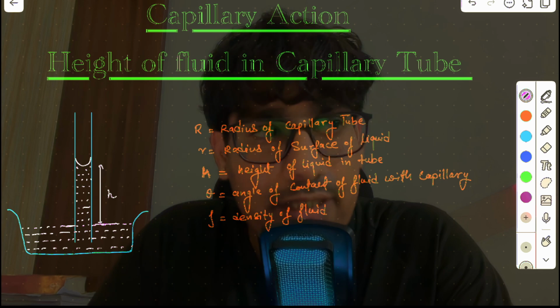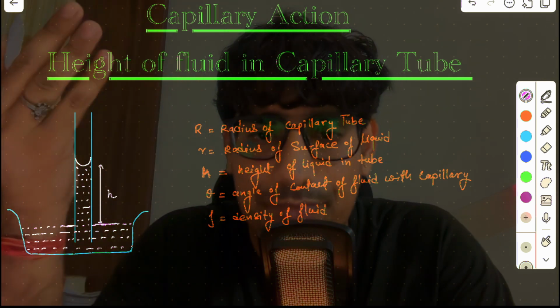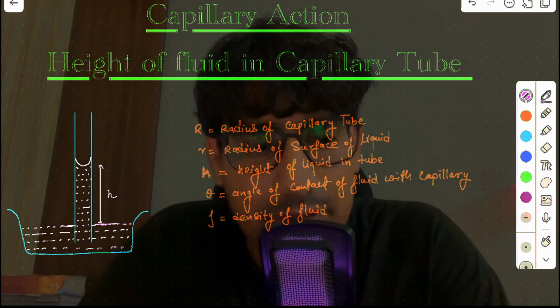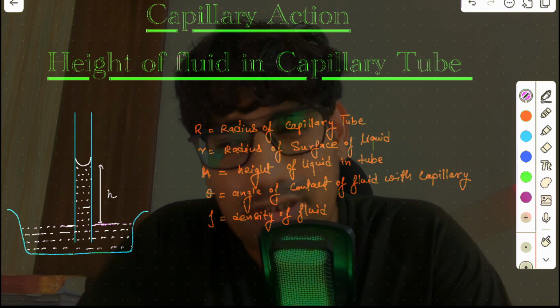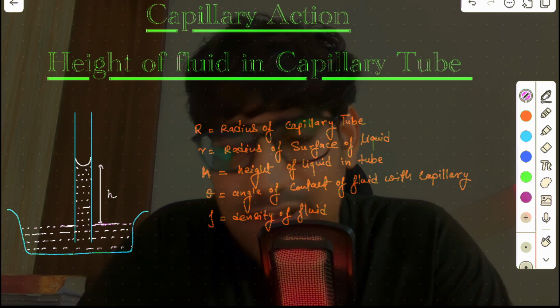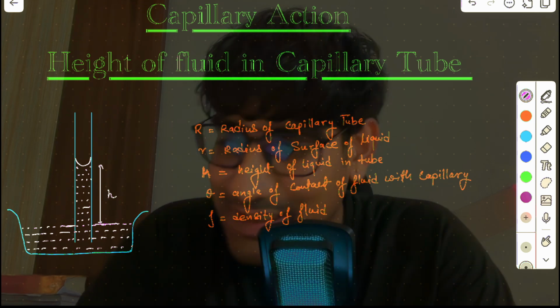Now, what are the practical applications of capillary action? Let us suppose we take plants. The plants take out the minerals and the water, everything, from the ground. They don't have any hands, so how do they take it out?